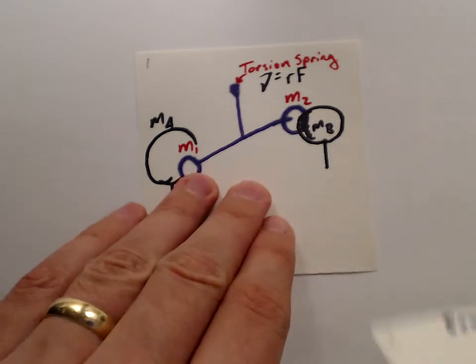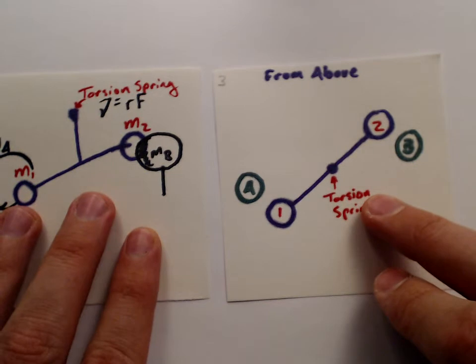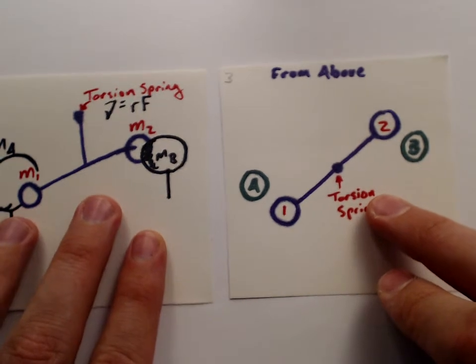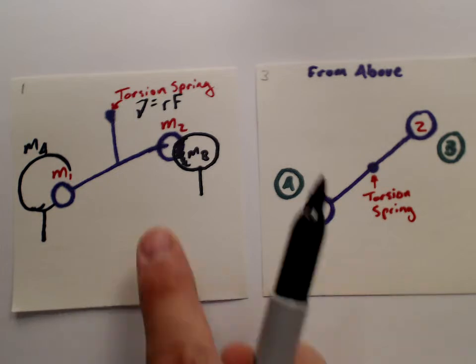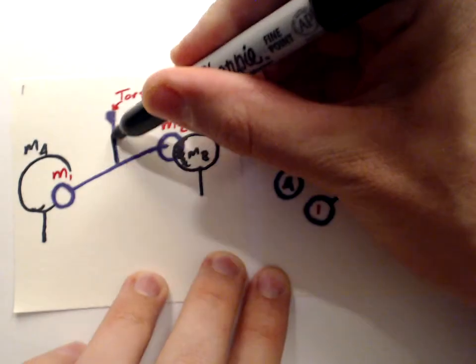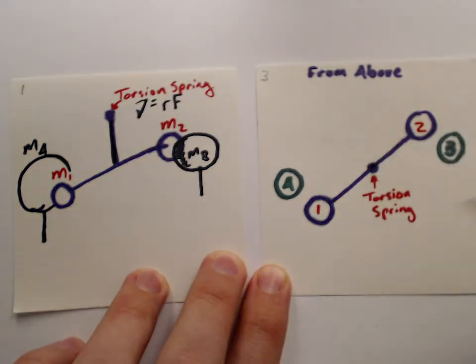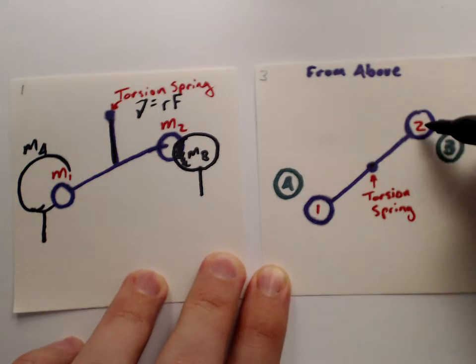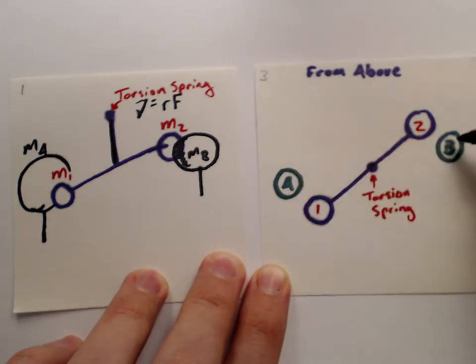Now I want to make sure that everybody can understand what's happening here. If I look at the same situation from overhead, this is the overhead view of the exact same scenario. I've got my torsion rod here, vertically hanging, looking at it from overhead. I've got mass 1 on one end of the rod, mass 2 on the other end of the rod, and I've got A being attracted to 1, and B and mass 2 also being attracted.